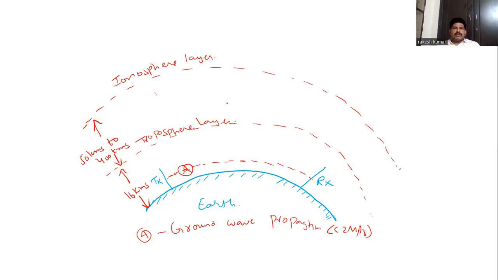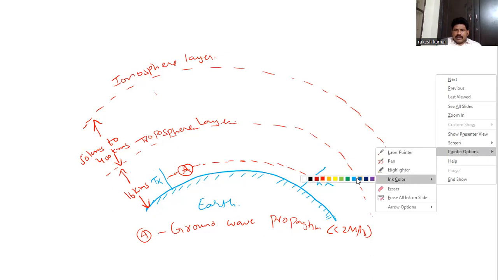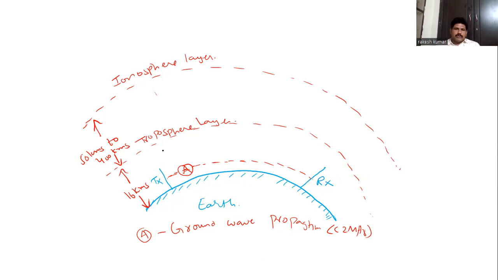So any frequency signal that you want to transmit from 2 megahertz to 30 megahertz, I want to go for ionospheric wave propagation. See here, this is my transmitting antenna. It enters into the ionosphere, bends back and comes back.